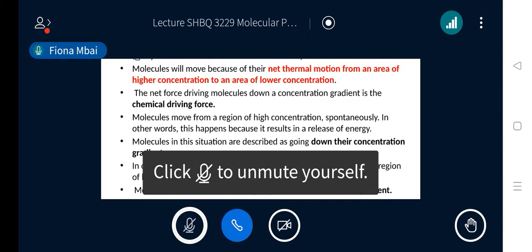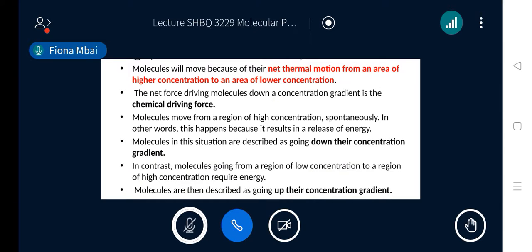So this concentration gradient is said to exist across the membrane because of the differences in concentration either intracellularly or extracellularly. Delta C symbolizes this difference in concentrations.